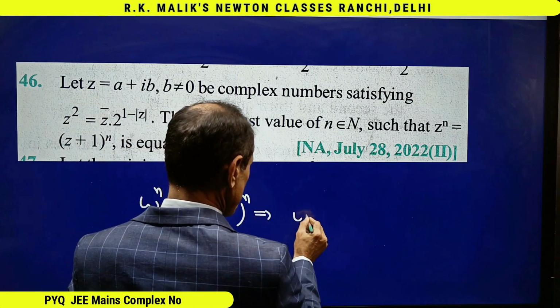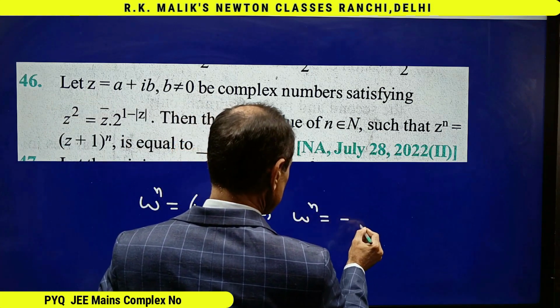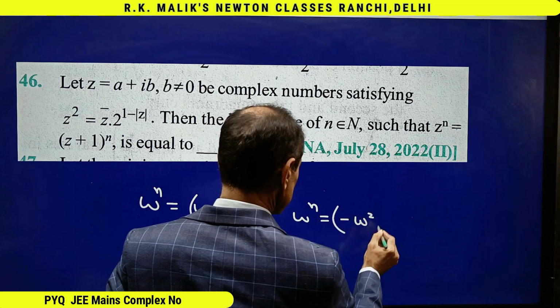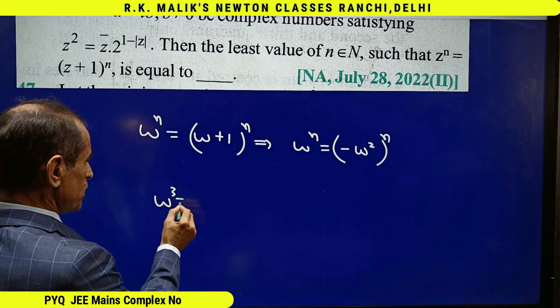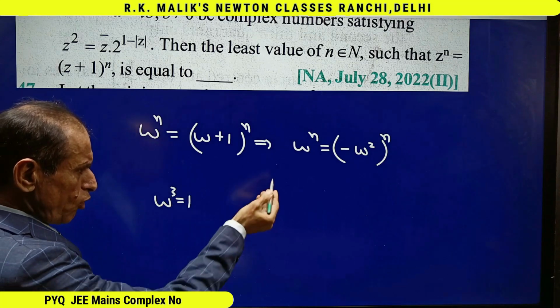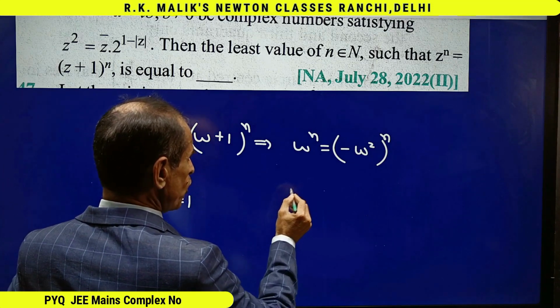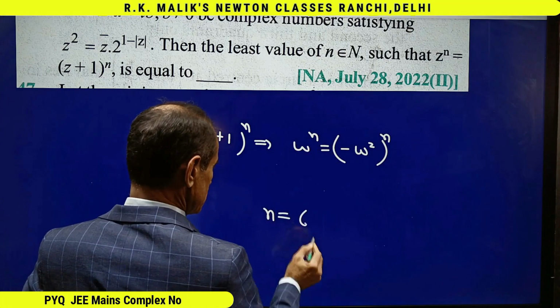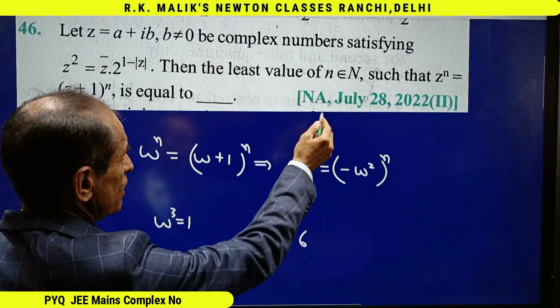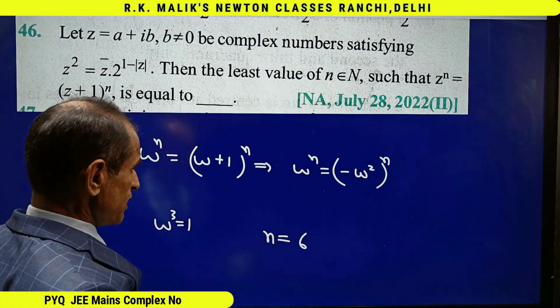This implies that omega to the power n equal to minus omega square to the power n. And keeping in mind that omega cube is 1, it is obvious that the minimum value of n satisfying this equation is n equal to 6. Note that n is given to you as a natural number.